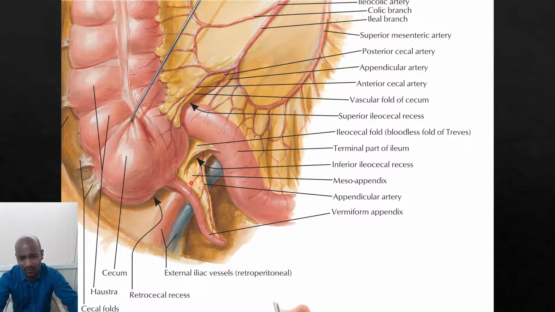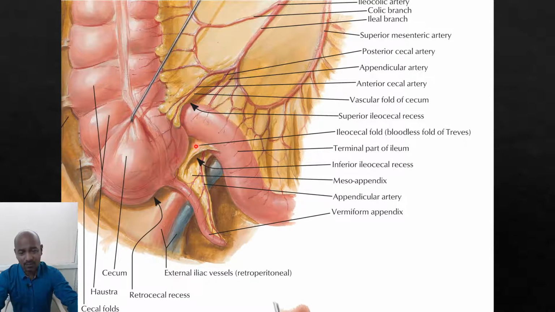So there are two layers. One of them is called the ileocecal fold, or bloodless fold of Treves, which is used during surgery because that is the layer where there are no blood vessels. This fold extends between the terminal portion of the ileum and the cecum, and probably to one of the anterior folds of the mesoappendix.